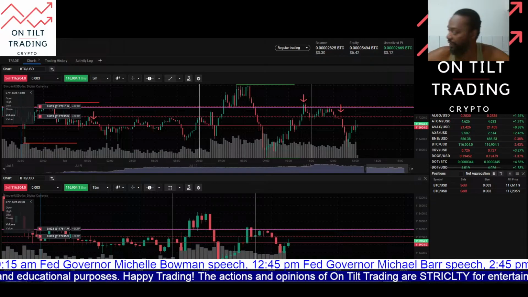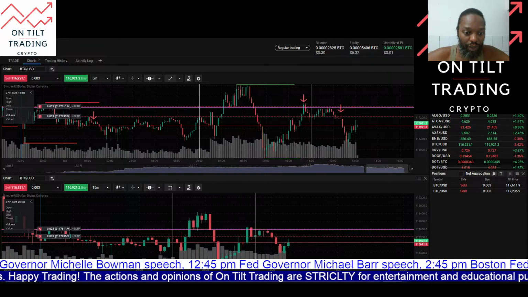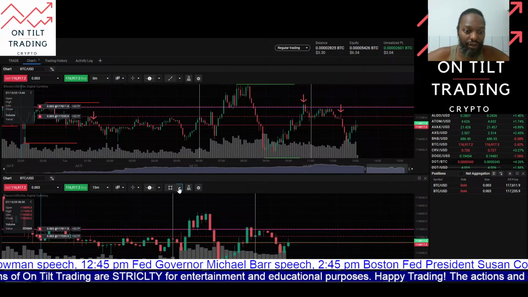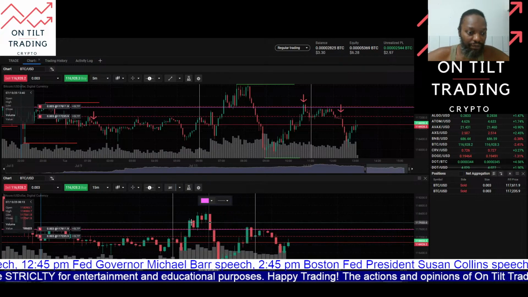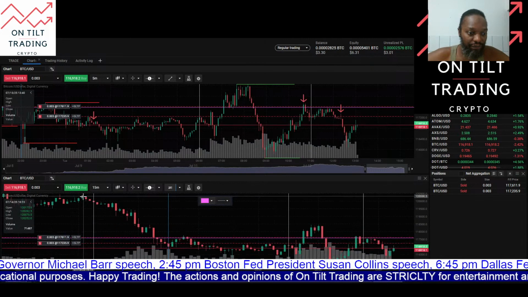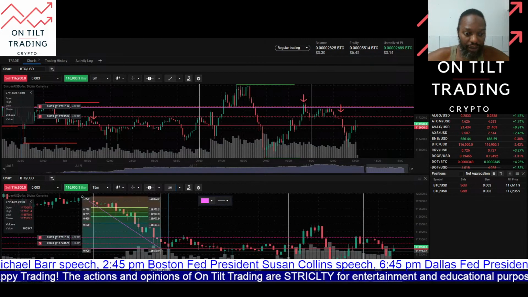I understand why, or at least for the most part, why I was struggling during the AM session. Fibonacci wise, I was trading off of this old level here.